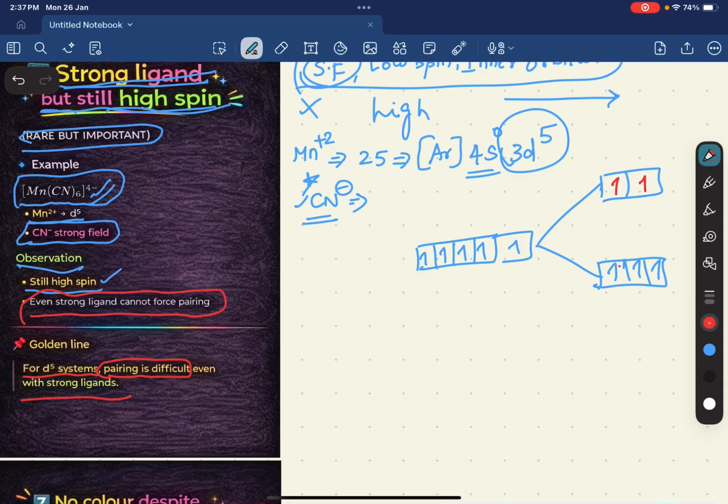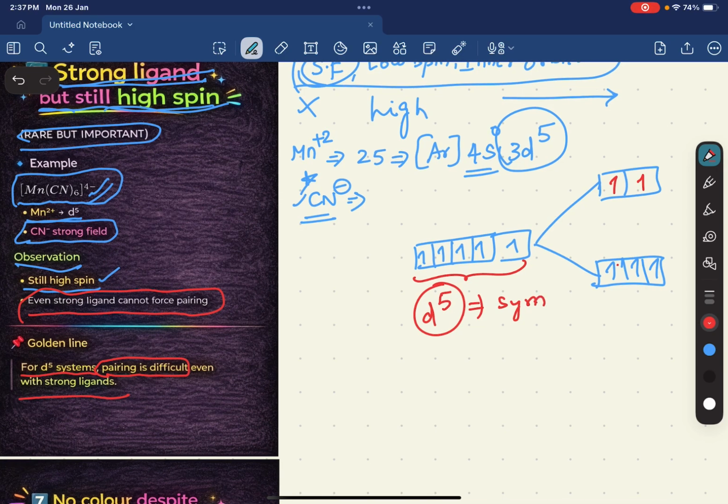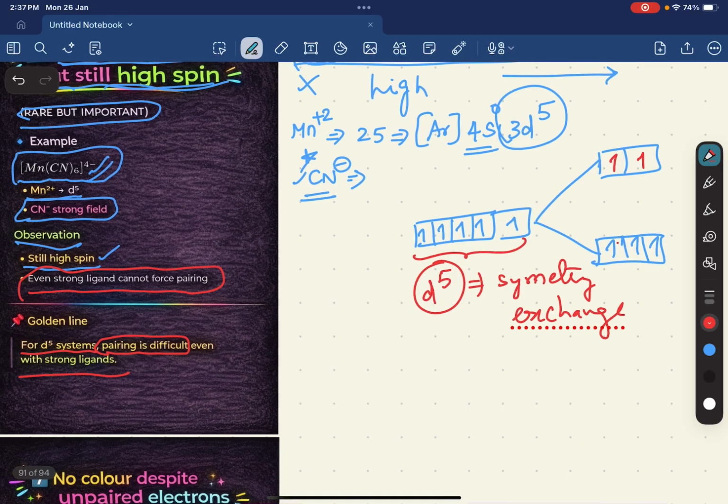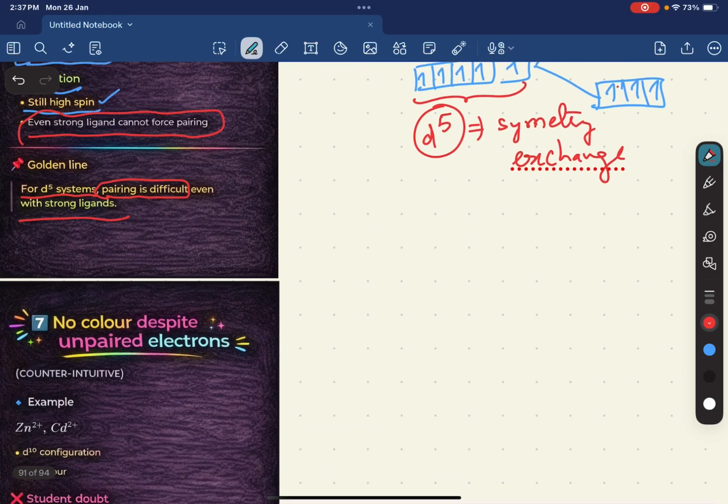The reason is d5 is a highly stable configuration according to symmetry or exchange energies. So Mn is stable with d5 instead of pairing. Just based on the stability, it will happen like this.